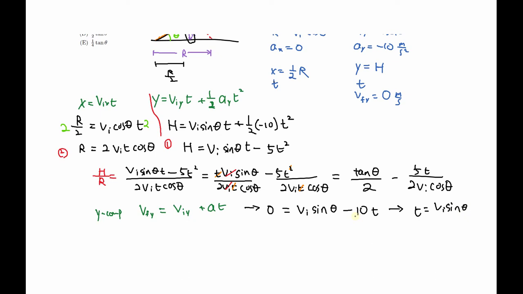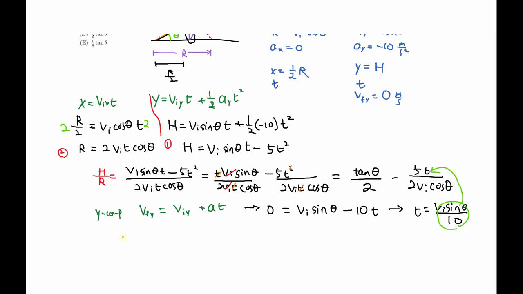However, you have to divide by 10, so that's what you get for the time. When you plug this in here, you will see that v_i cancels out and the sine theta and cosine theta become tangent theta, and we are happy about that.